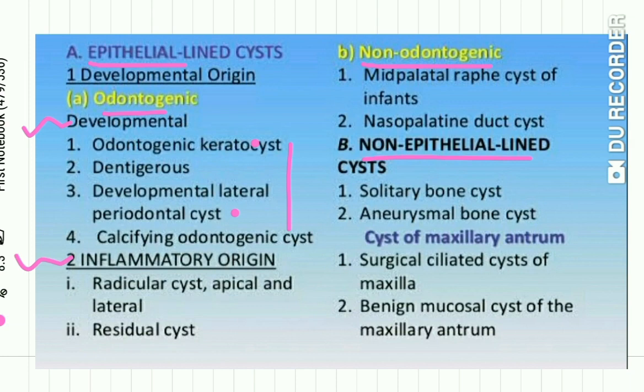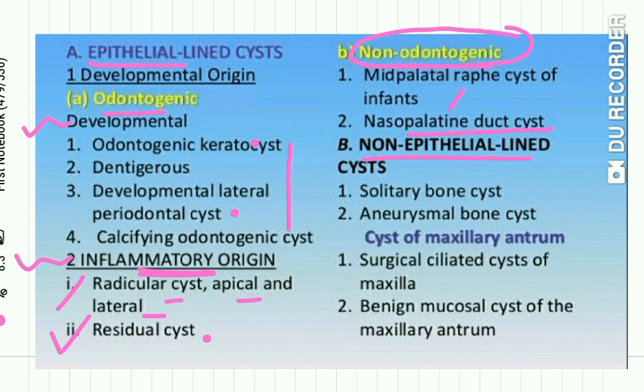Now, the inflammatory odontogenic cysts include the radicular cyst, which may be apical or lateral, and the residual cyst. So the inflammatory cysts are the radicular cyst and the residual cyst. Now, which are the non-odontogenic cysts? The non-odontogenic cysts are the mid-palatal raphe cyst of the infants and the nasopalatine duct cyst.